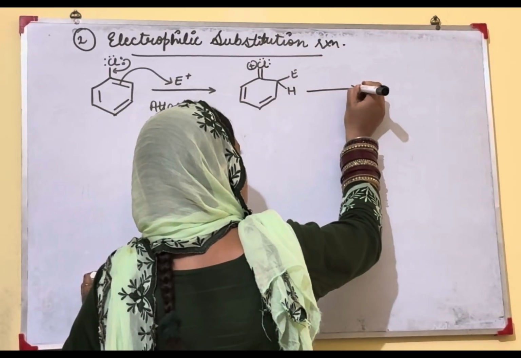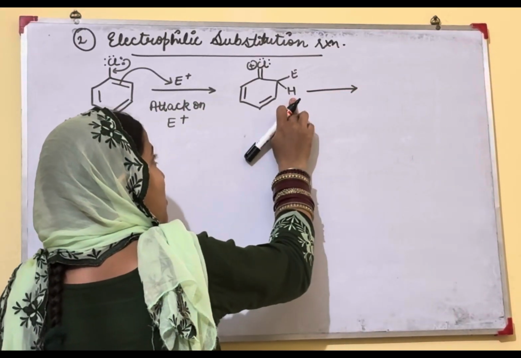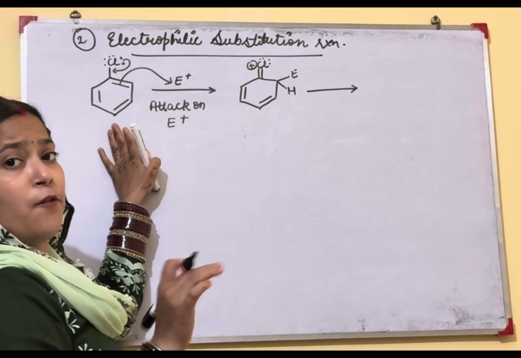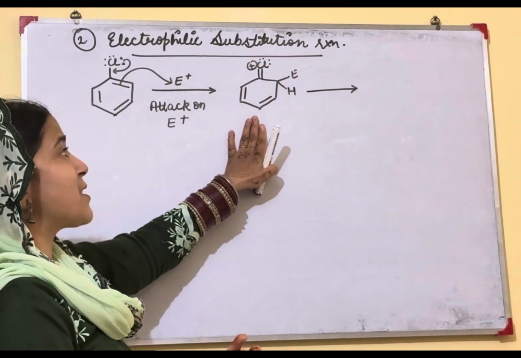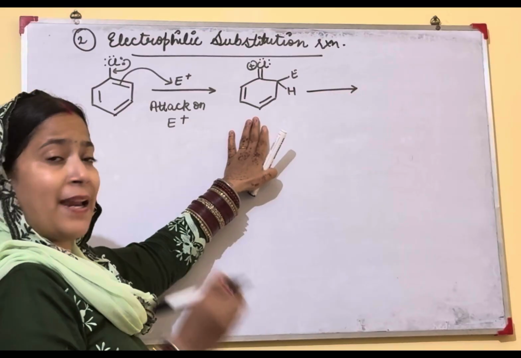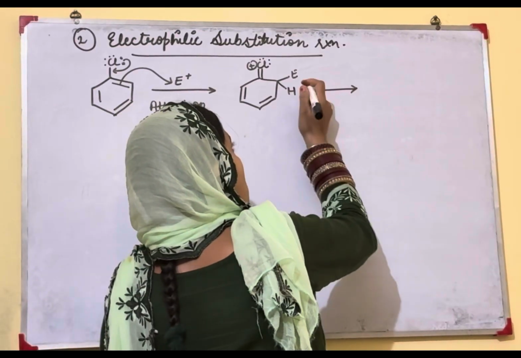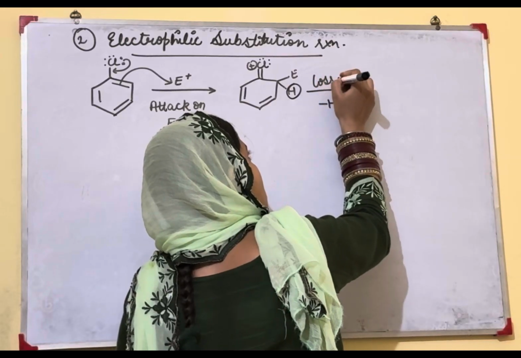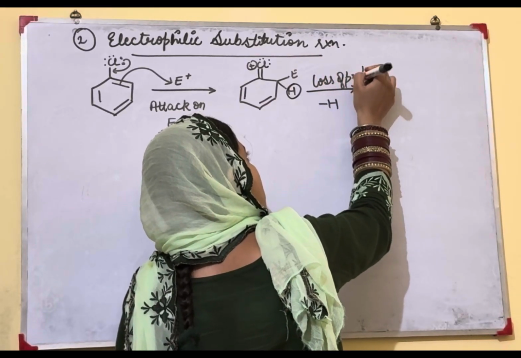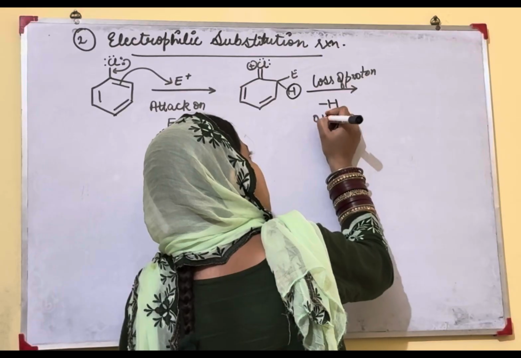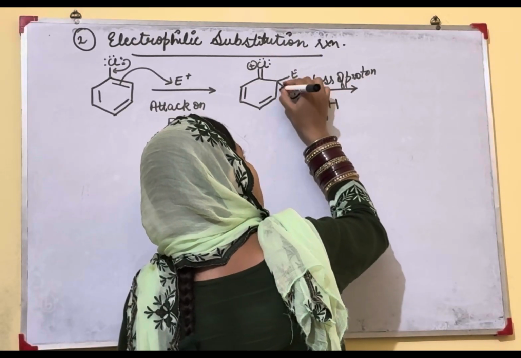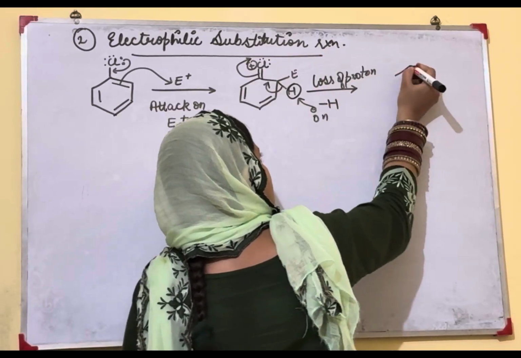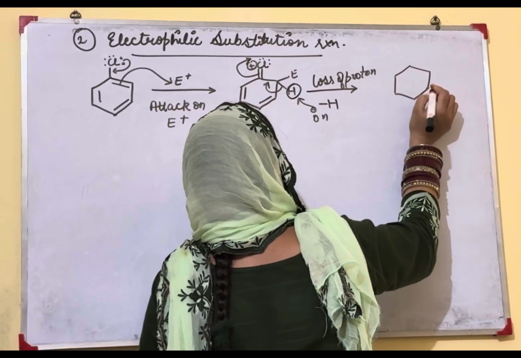After this, we have to remove this hydrogen to make it aromatic, because the aromatic ring is more stable. Here the aromaticity is lost. So to make it stable, we will lose this proton, minus H, loss of proton. With the help of any base, this will be removed and it will go here, and this double bond will go here.